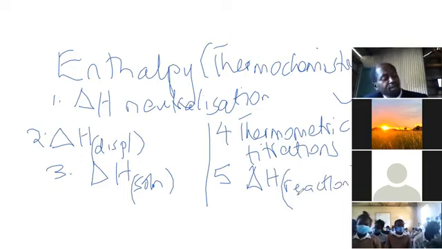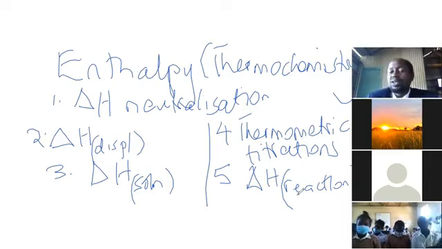So the fifth area is very wide and general. It covers any other reaction whose enthalpy is not covered in the Form 4 syllabus. The Form 4 syllabus, or what is in your KICD syllabus, only mentions enthalpies to be determined experimentally in the lab.